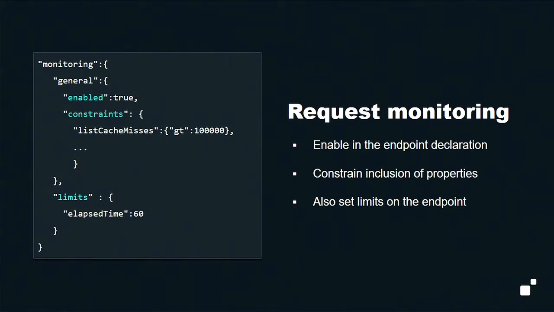In addition, this is an interactive request, so it has to complete quickly. If the request takes more than a minute, something is seriously wrong. So rather than have the request continue to consume resources in the database, Sarah can set a limit of 60 seconds, and the app server will automatically terminate that request, freeing up the resources, and Sarah can investigate what went wrong there.